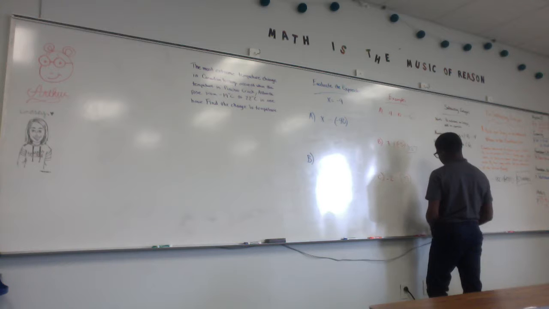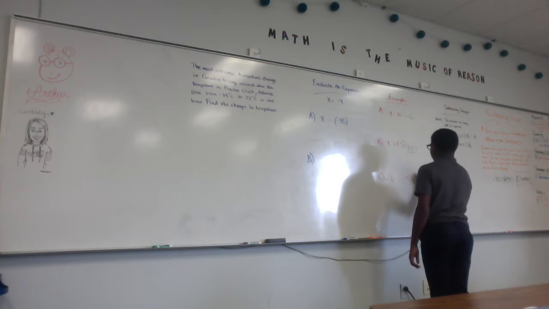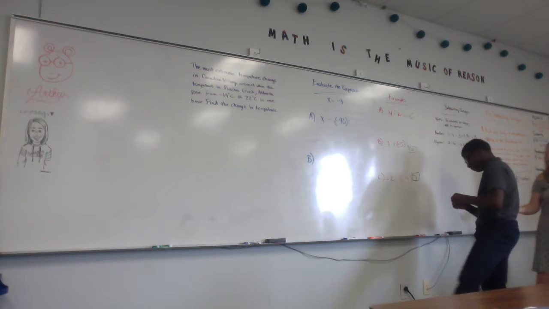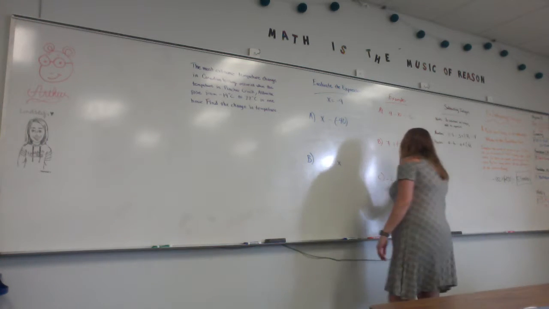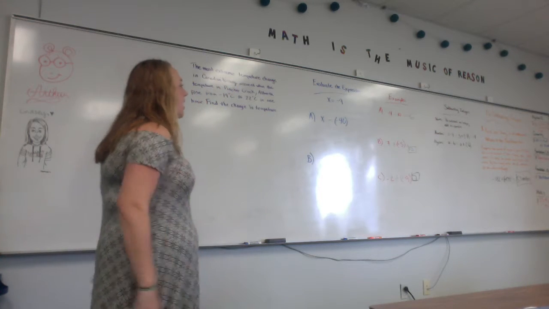So I have negative 2 plus 9, which gives me 7. Good. Okay, so these change to pluses. So that is one example of how you're going to have to do this.